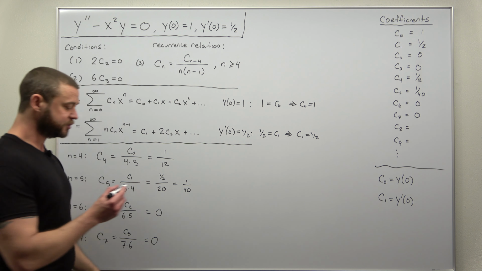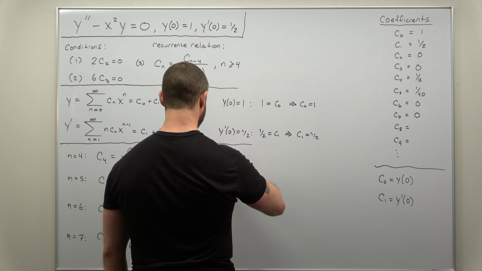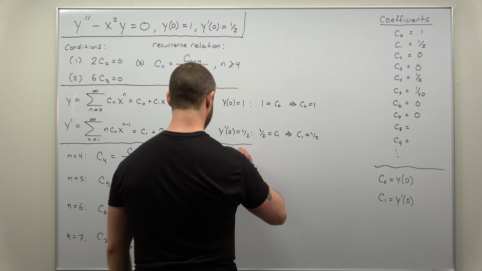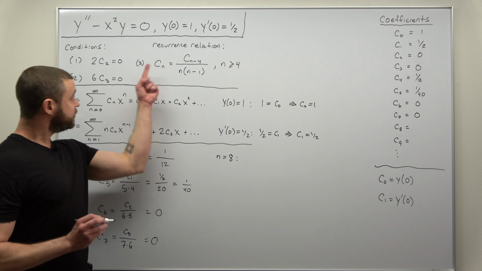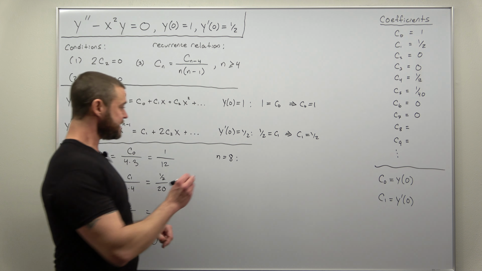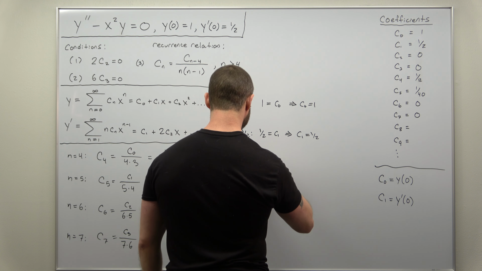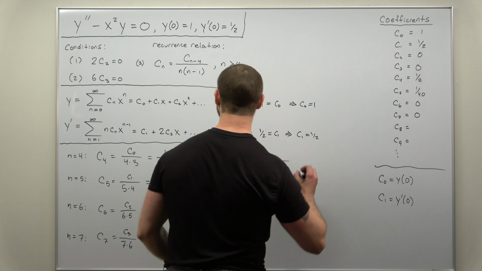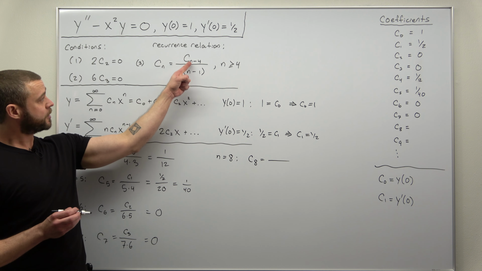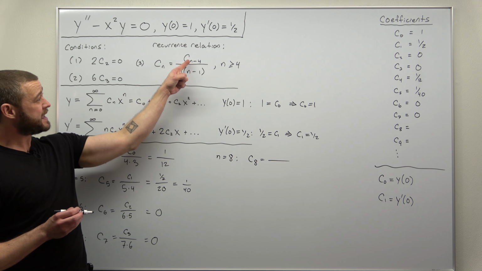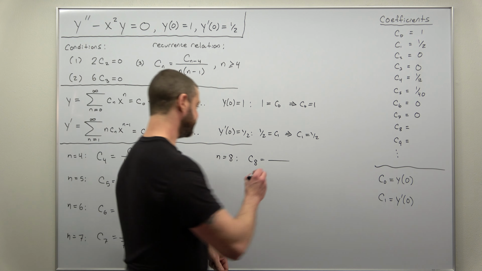Let's go to now n equals 8, and we'll plug that into our recurrence relation, so we get c sub 8. And just be careful with your subscripts. We're going to get a subscript there, 8 minus 4, so c sub 4.